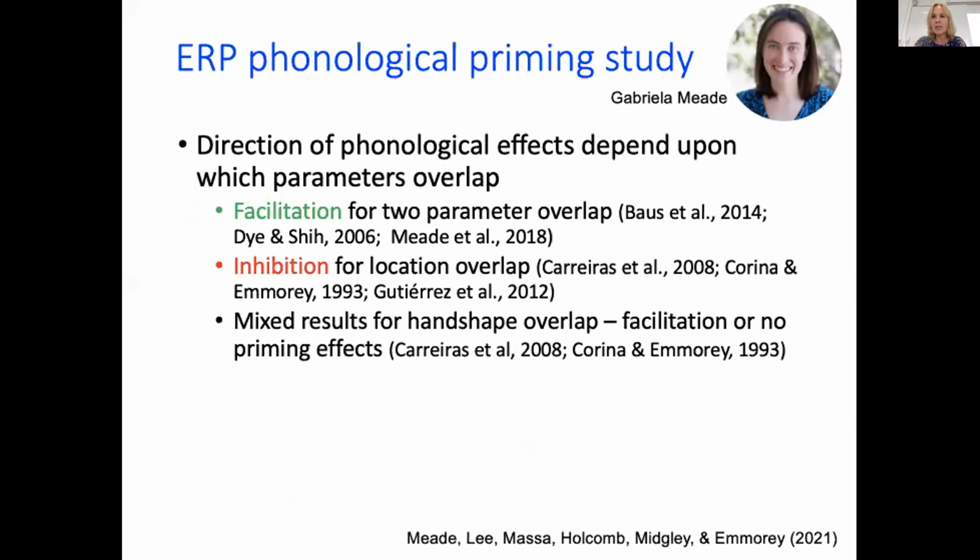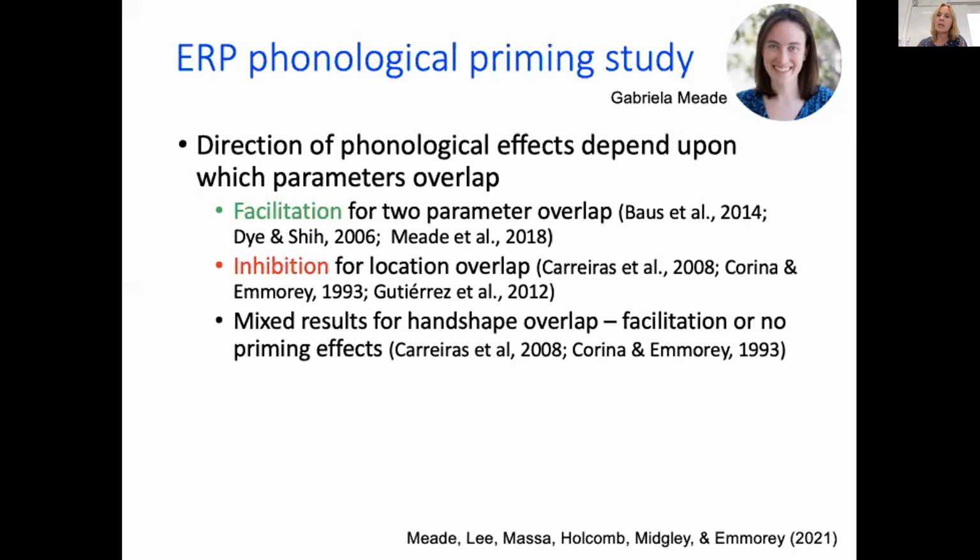So the experiment I'm going to tell you about was led by Gabriella Mead, and she conducted a phonological priming study to try to get at this question. I have to give you some background on what is known about phonological priming behaviorally, and also electrophysiologically, before we did this study. It turns out that the direction of priming, whether you see facilitation or inhibition, depends on which parameters are shared between the prime and the target.